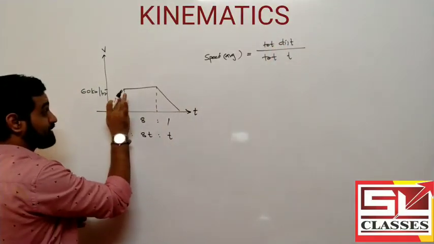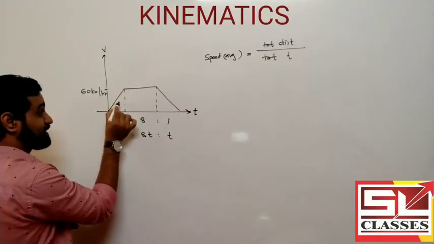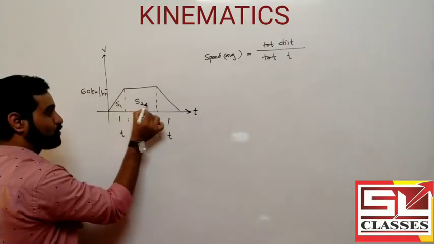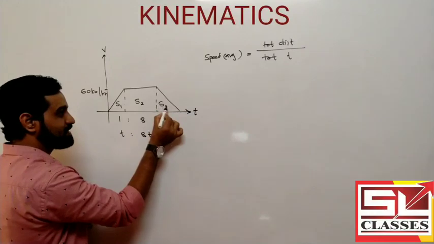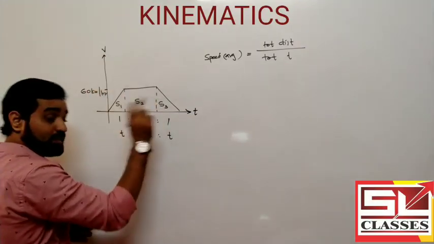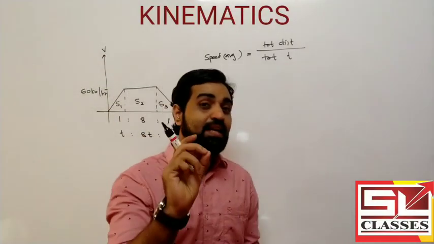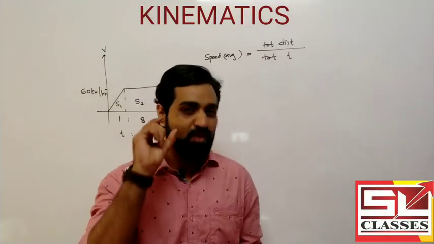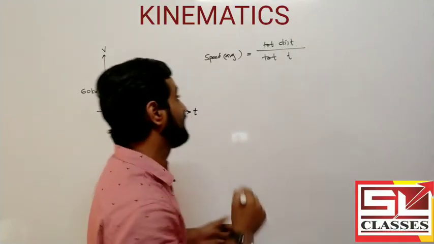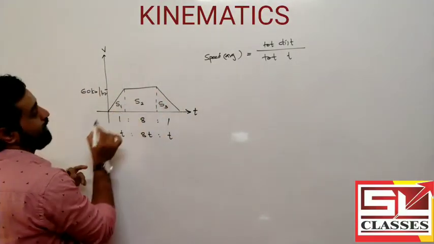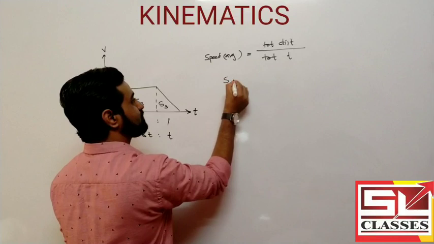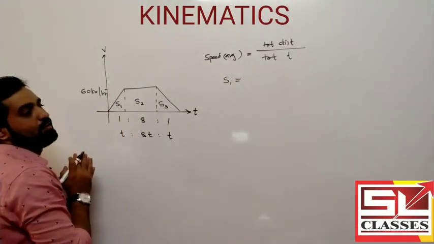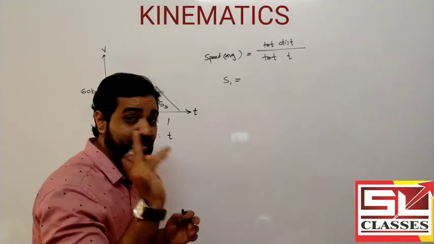We can take the distance in the first region as S1, the distance in the second region as S2, and the distance in the third region as S3. From the velocity time graph, we know that the area under the velocity time graph gives distance or displacement. So to find S1, we have to find the area of this triangular portion.